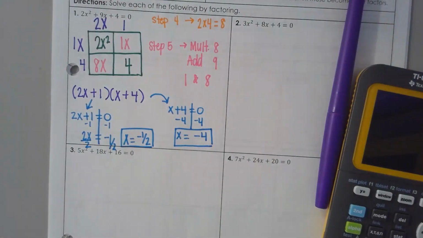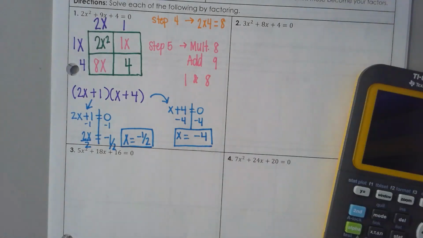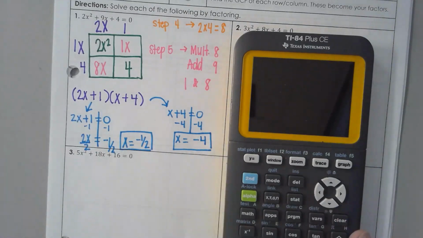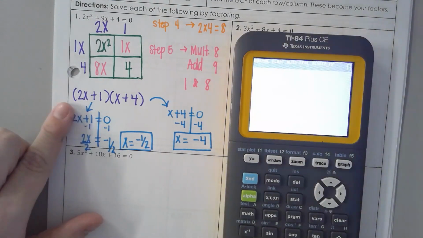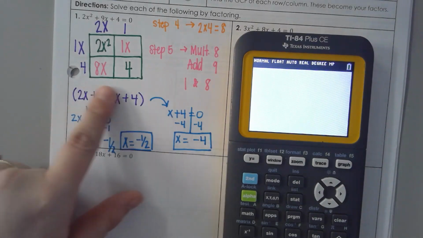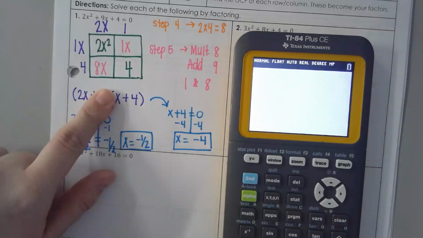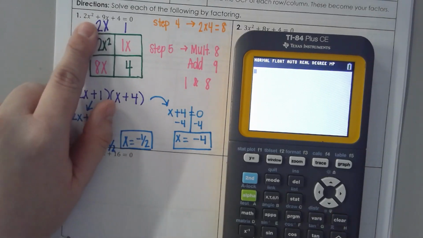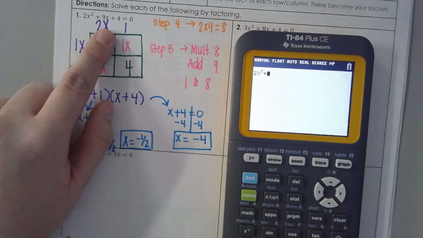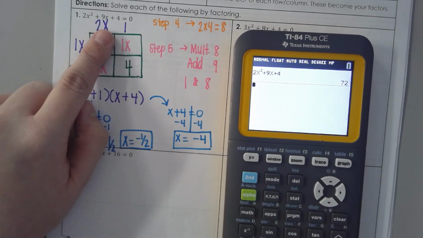Because these are harder and it's really easy to make some mistakes, something that you really should do with each problem is check your work. So one place that you could check is actually up here. I should have checked before I did this. In order to check, type in the problem, 2x squared plus 9x plus 4. And you're going to get some random number.